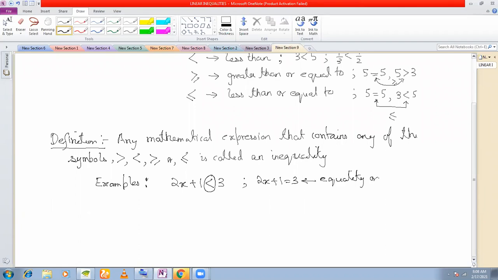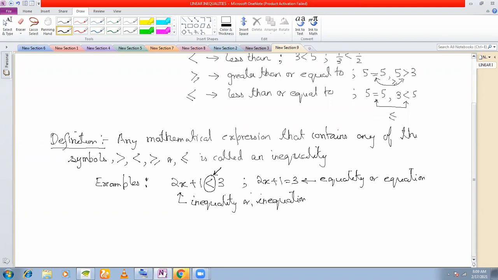Similarly, if the same expression, instead of containing an equal to sign, contains this less than sign, then we call this an inequality, also called an inequation.